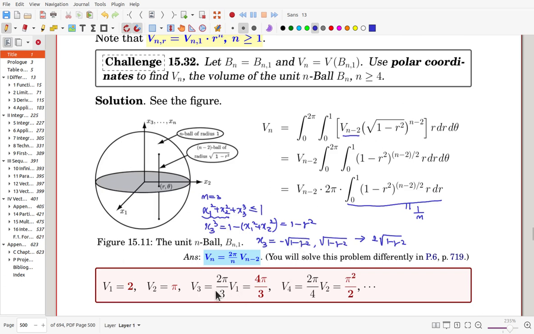V4 we can get from V2, by scaling this one, we have that one. And you can continue here. V5 is now 2 pi over 5 times V3. So you can get it. Later on, once n is larger than 6, 2 pi over n is less than 1, so the numeric value of Vn is decreasing.